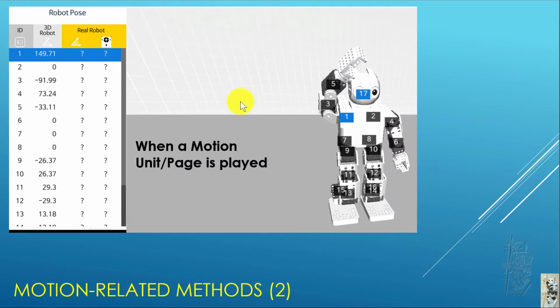If you remember, when a motion unit or page is played, of course all the 17 positions that you define in your motion page are going to be executed and applied. But sometimes I may want to move the arm independently of whatever motion the robot is doing, or I want to scan the head independently of what the rest of the body is doing.